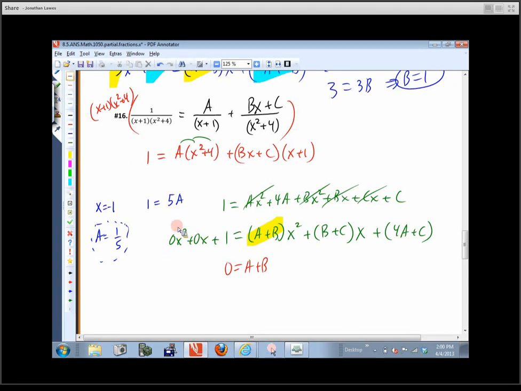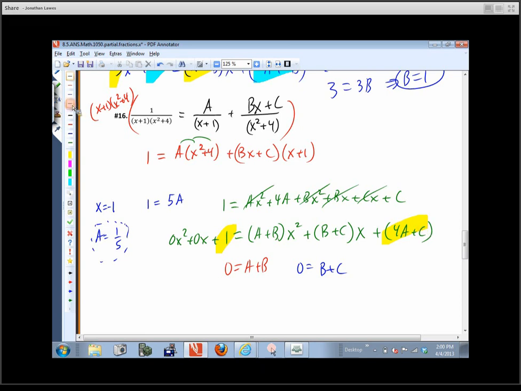If I look here, B plus C had better equal 0. Okay? So 0 had better equal B plus C. And then if I look at this last one, I'll highlight that. 4a plus c had better equal 1, right?